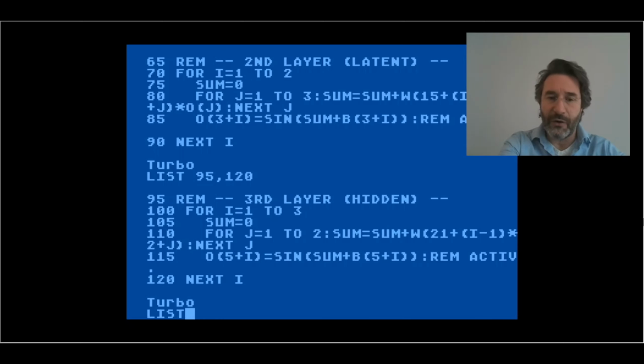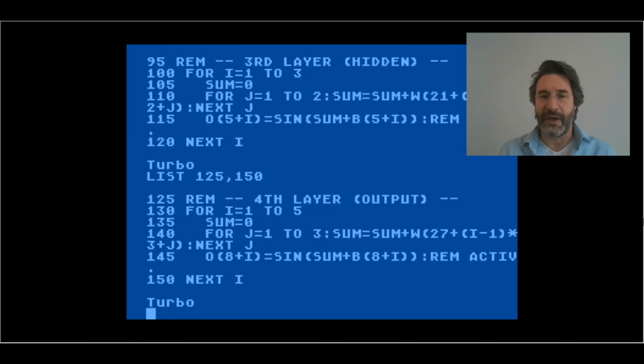Finally, we can go on to the rest of the program, which goes from line 125 till 150, and this is the last part of the program that deals with the autoencoder inference.